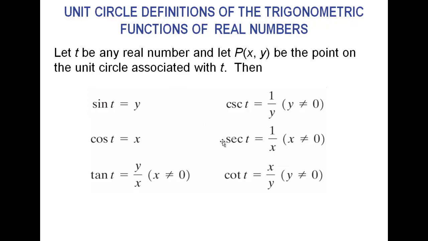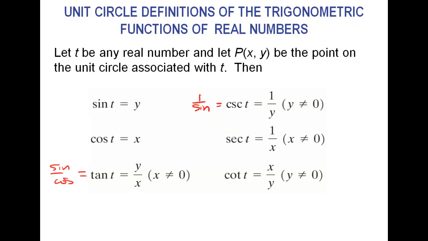But as long as you can remember the relationship between these 6 functions, knowing that tangent is just the ratio of sine over cosine. See how it's y over x? That means tangent just equals sine over cosine. And since cosecant is 1 over y, that means cosecant is just 1 over sine.